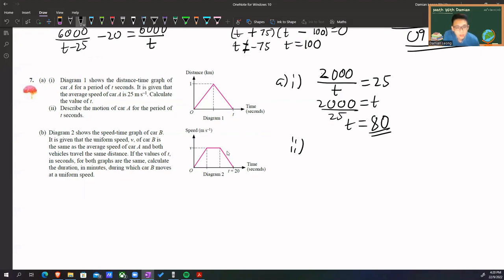A2. Describe motion of car A for a period of t seconds. So generally we want to look at the speed.